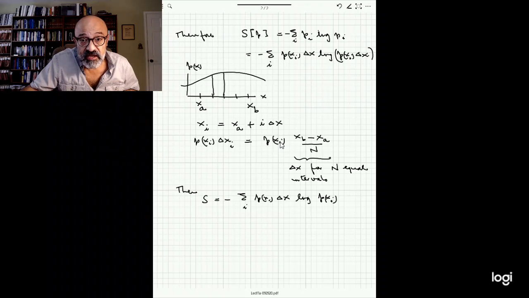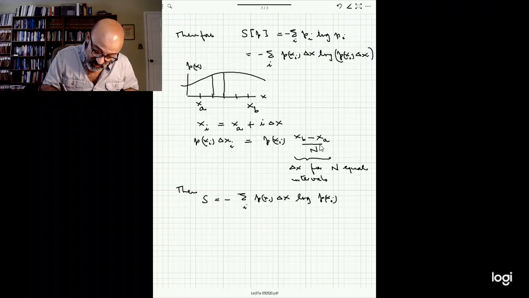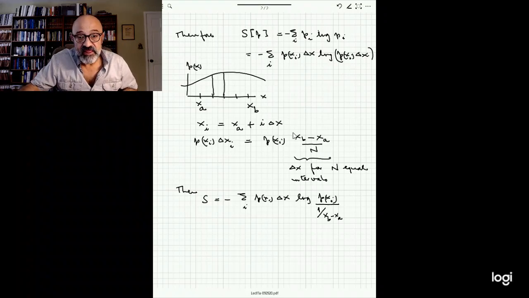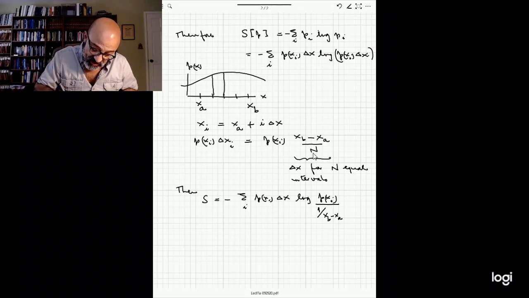Delta x is going to be (xb minus xa) over n. I'm going to write it like this: 1 over xb minus xa, that's this piece, and then all divided by n. So there is a log of 1 over n, which is the same as minus log n.